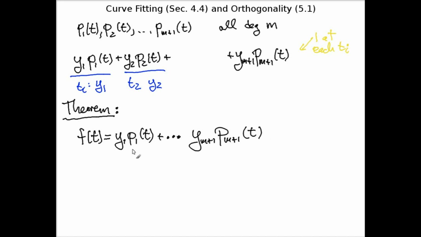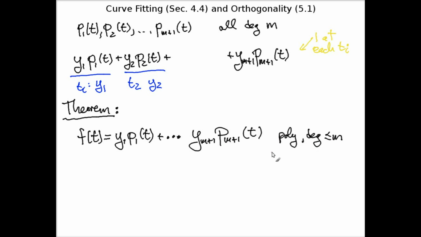Okay, so let's just stare at this for a moment and see what I'm saying. These y1 through ym plus 1 are some fixed numbers. And these p1 through pm plus 1 are some fixed polynomials of degree m, depending on the ti's. So you put this whole thing together, it's kind of complicated, but this is a polynomial of degree less than or equal to m.